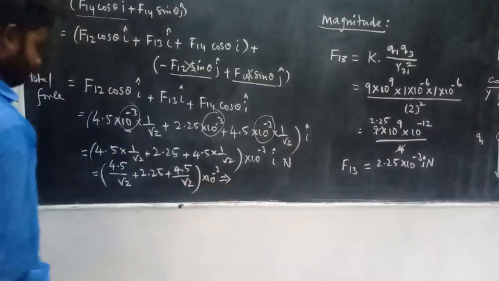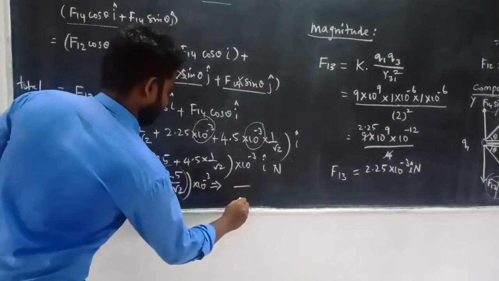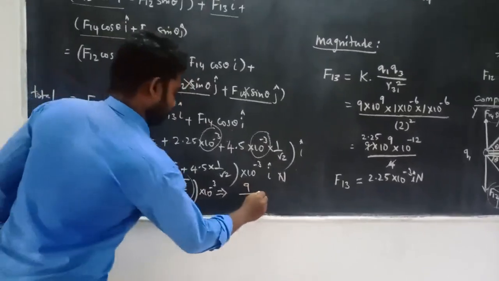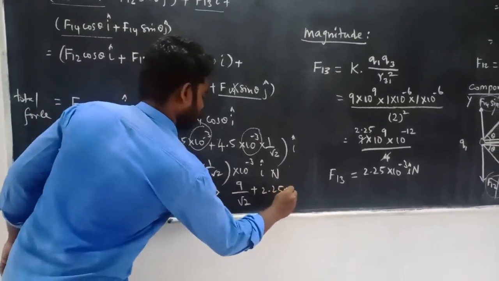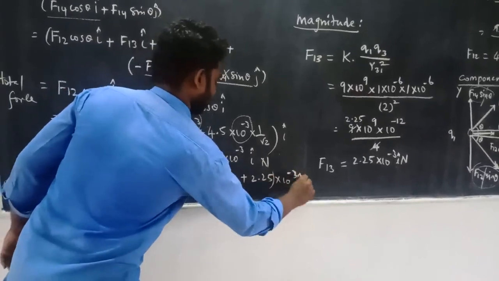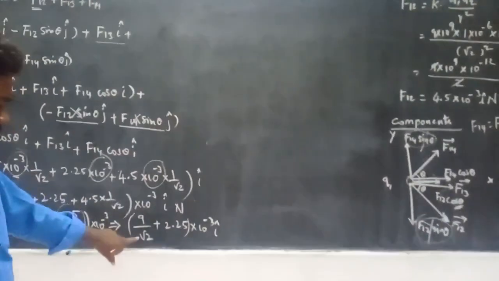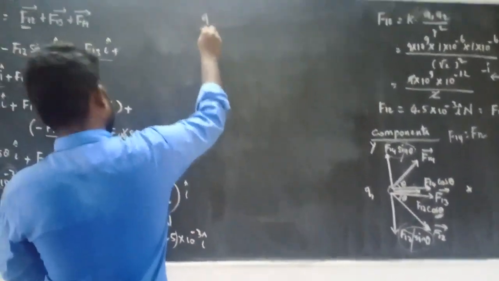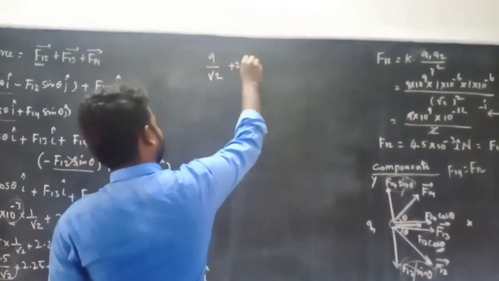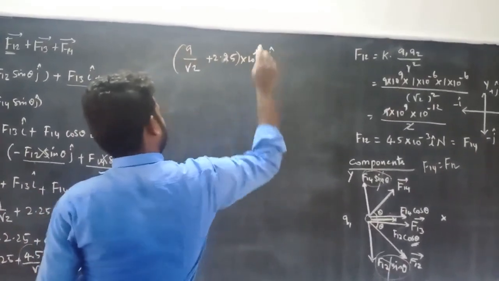So you can write, add these two numbers first. The LCM is root 2. 4.5 plus 4.5 is 9, plus 2.25, into 10 to the power of minus 3 i cap. So you can simplify like this: 9 by root 2 plus 2.25 into 10 to the power of minus 3 i cap.